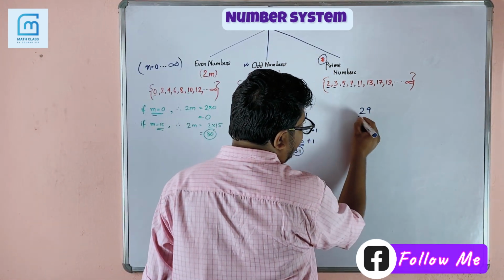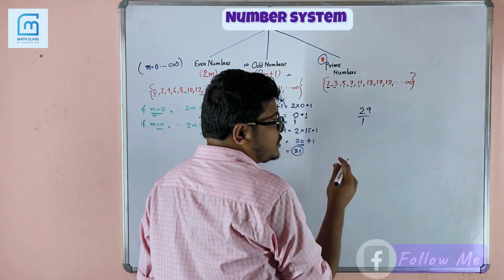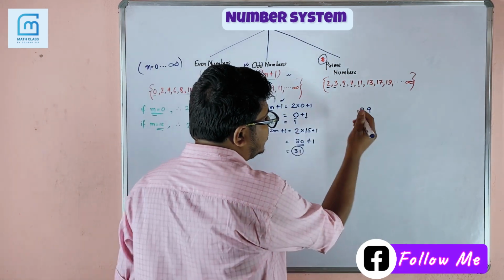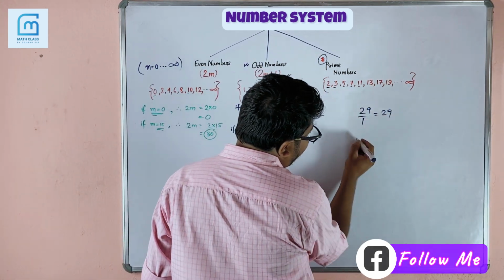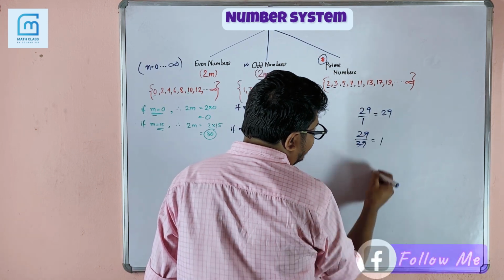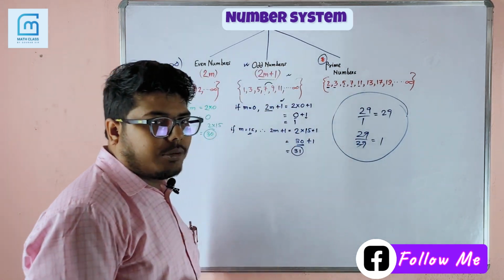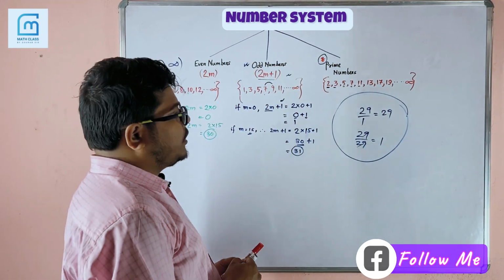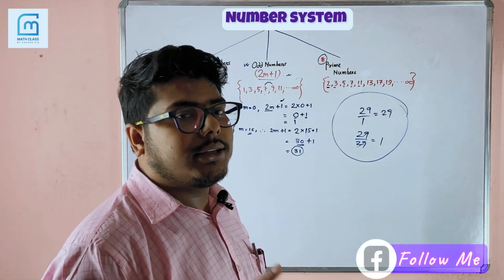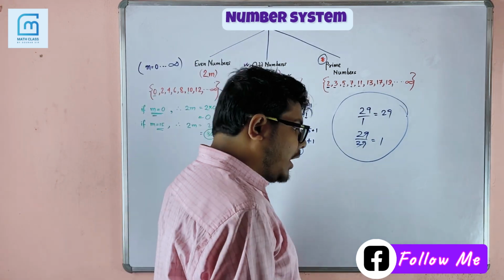You can't divide it by any other number, but you can divide it by 1, since anything divided by 1 gives the number itself, and 29 divided by 29 cancels out to give 1. Other than this, we can't do any division. So if a number is not divisible by any number other than itself and 1, it is a prime number.